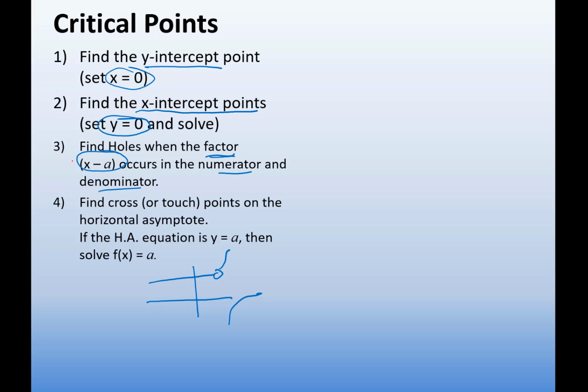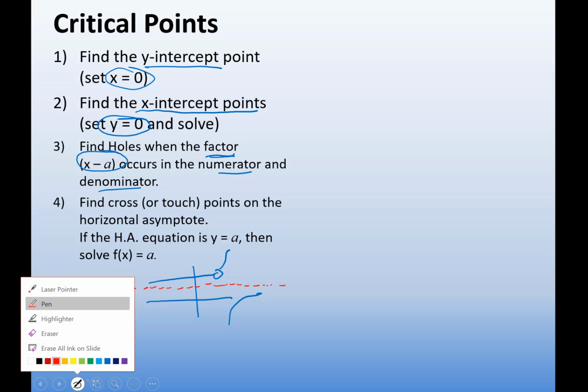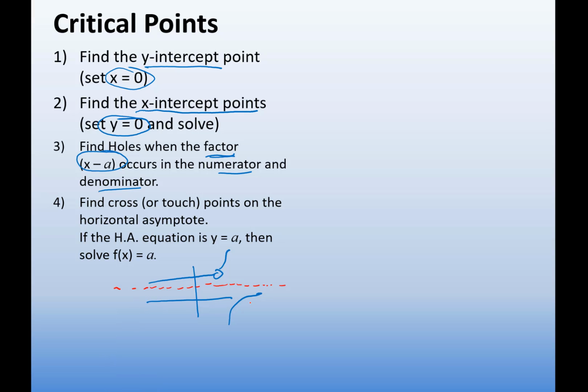Another thing that's a little bit more advanced, it's not going to come up very often, is occasionally the graph will cross or touch points on the horizontal asymptote. So if we had a horizontal asymptote on this one running right here, it's possible that you can get a graph to come up across the horizontal asymptote and then settle down on it. So they both have tails on the horizontal asymptote, but this one crossed it once.